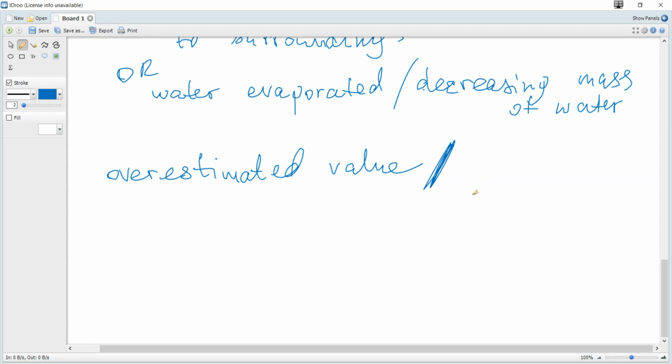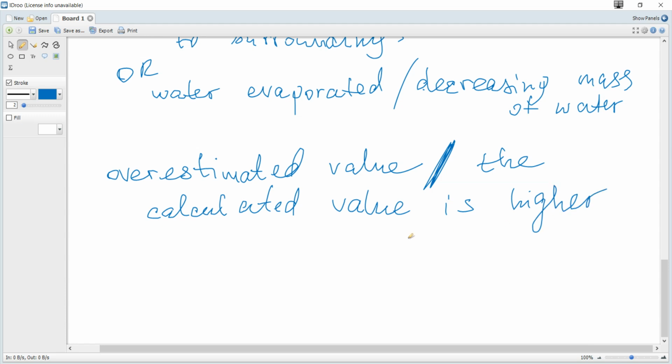You may just write directly that the calculated value is overestimated and it's enough, or say that the calculated value is higher than the real value, or the true value, or the accepted value.